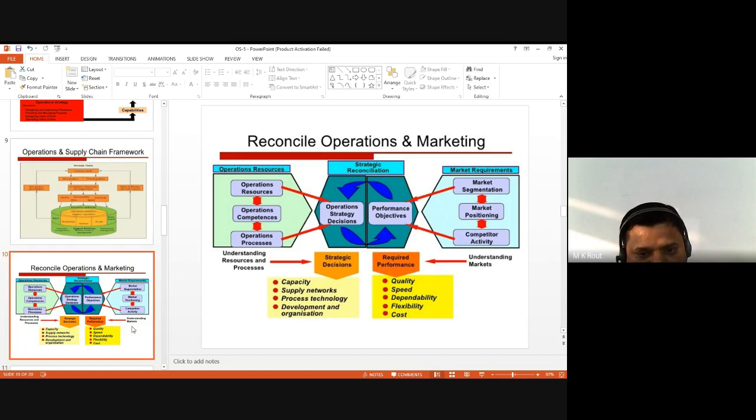Starting from your operation resource, operation competitiveness, and operation process, the top authorities provide a huge amount of operational strategy decisions, which are correlations between different strategies belonging to marketing, strategies belonging to your sales, or you can say that it increases the percentage of profit also.